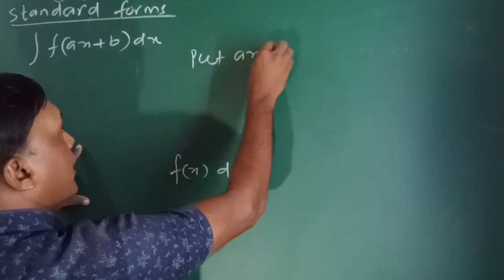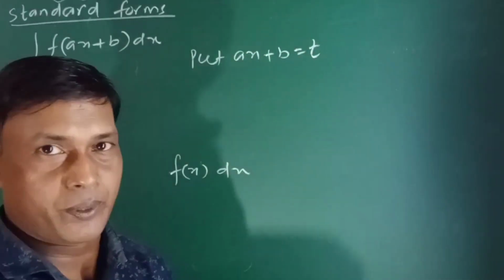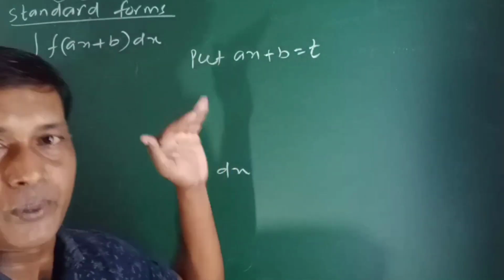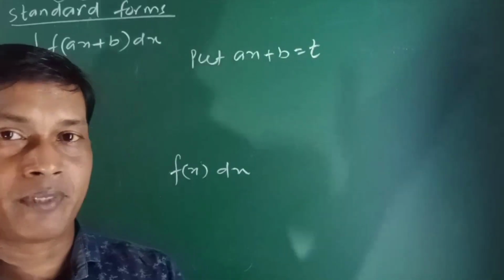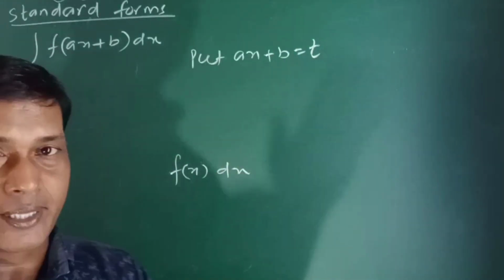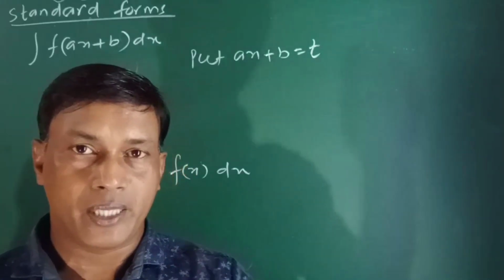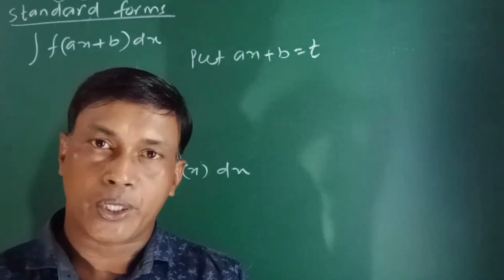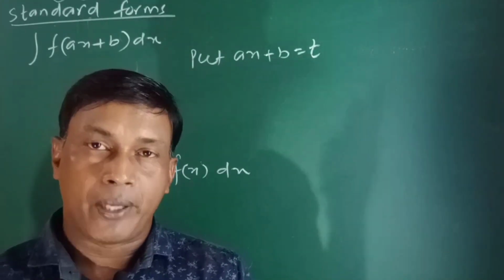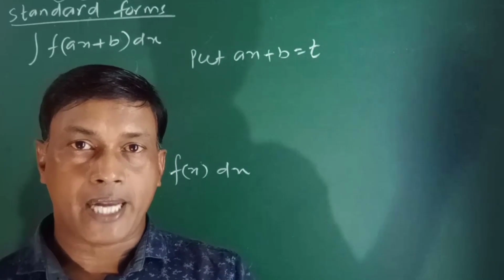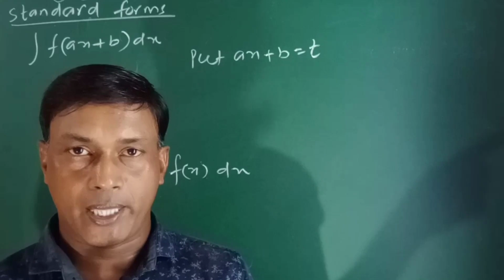Look at here, put ax plus b is equal to t, so we substituted ax plus b as t. After substitution we have to differentiate both sides and find the value of dx. The main trick of substitution is substitute that function which replaces x. After substitution, differentiate both sides.